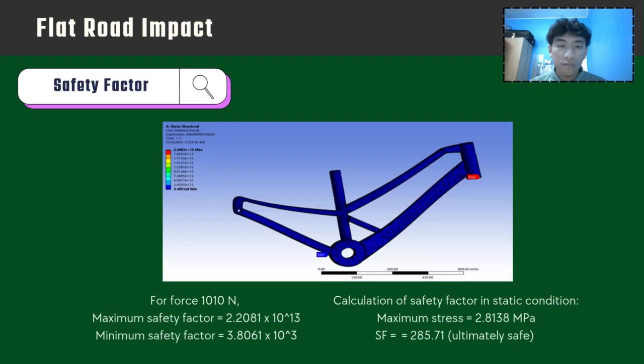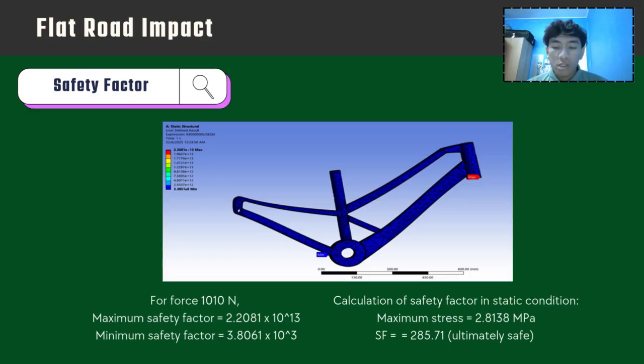And for the flat road impact safety factor, it shows that for a force of 1010 Newton, the maximum safety factor is 2.2081 times 10 to the power of 13, while the minimum safety factor is equal to 3.8061 times 10 to the power of 3.